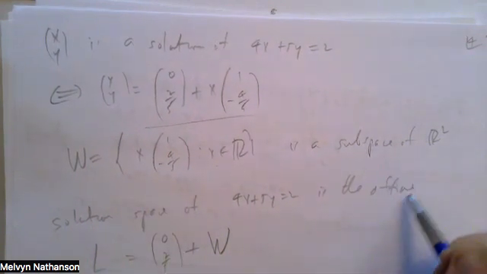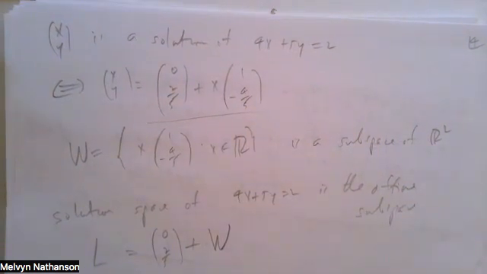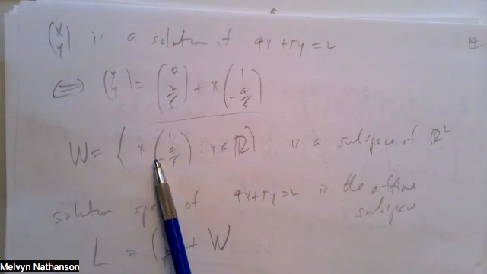So this is an affine subspace. No matter what I pick for x, I get a solution of this equation.